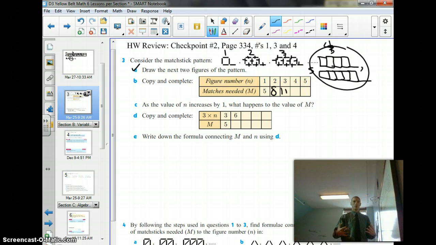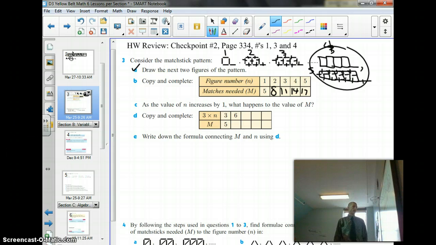And we can notice the pattern: 5, 8, 11, they're each going up by 3. So I can predict that this is going to be 14, and this is going to be 17. And we can count to make sure. 1, 2, 3, up to 17.